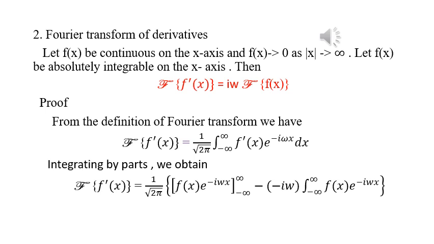Then minus integral of derivative of first function into integral of second. That is, our first function is e raised to minus i omega x and its derivative is minus i omega e raised to minus i omega x. Now since minus i omega is constant, I have taken it outside. Then the integral of the second function, that is integral minus infinity to infinity f of x.